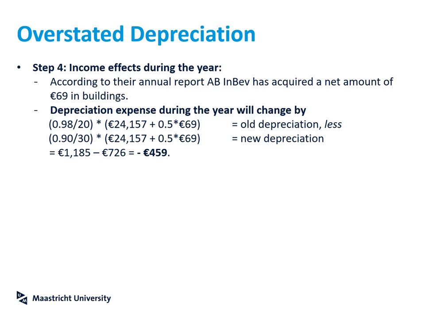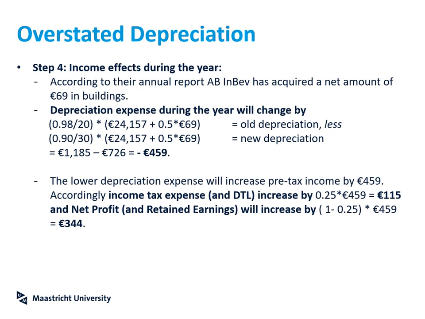Under our new 3% depreciation rate, depreciation should be 726. Which means that we can lower the depreciation expense by 459, in this case, million. Which will increase our pre-tax income by 459. We lower the depreciation expense by 459, but this will increase our pre-tax income by 459.